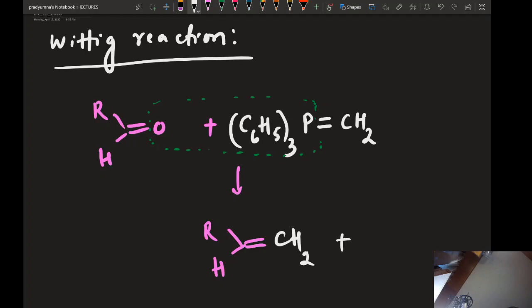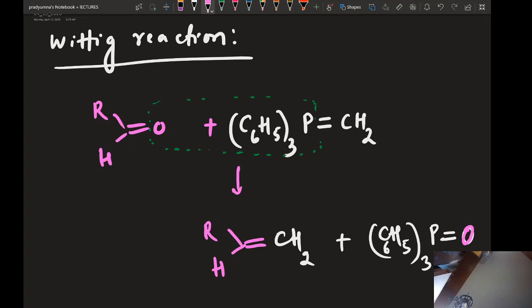The side product for this reaction is going to be triphenyl, (C6H5)3, phosphine oxide. The oxygen is coming from our carbonyl group. The mechanism for this reaction goes through a 2+2 like cycloaddition, and it happens in a concerted manner.